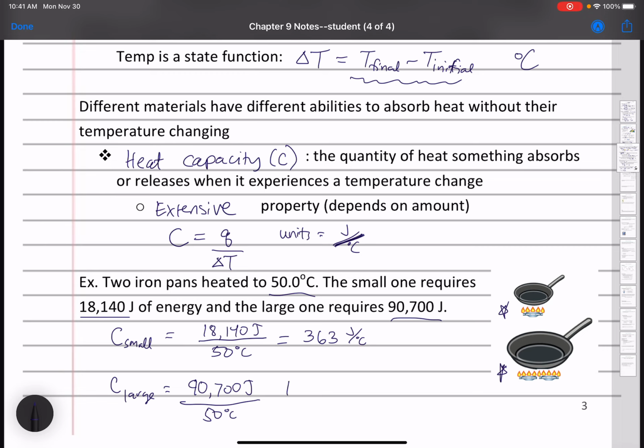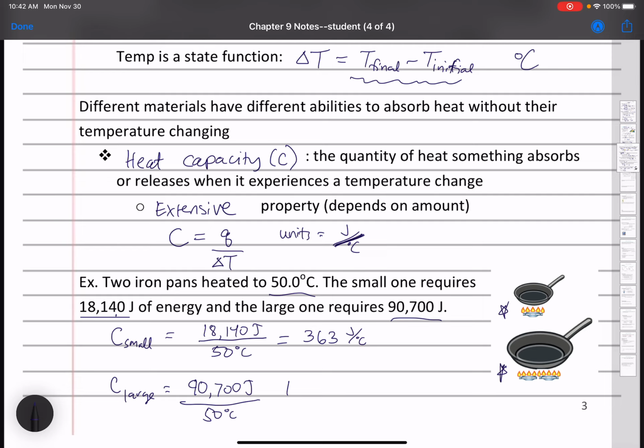And I'm not doing the right sig figs here. For this first one, because of the way that it's written, we're assuming this has 4 significant figures. That last 0 is not significant.